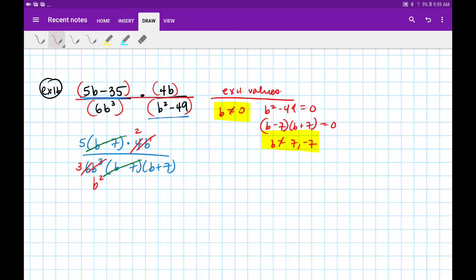And I'm scanning to see if there's anything else I can cancel. It doesn't look like it. So what I'm left with up top is this 5 times this 2, which leaves me with 10 over, right, because I'm multiplying everything together. In the denominator, I'm left with this 3, this b squared, and the b plus 7. So 3b squared, b plus 7. And it's totally fine to leave our answer like that.